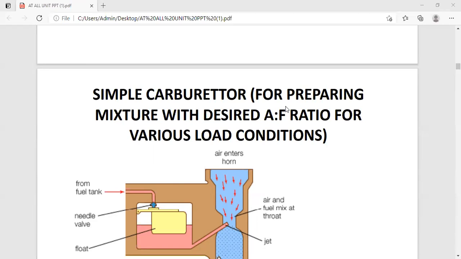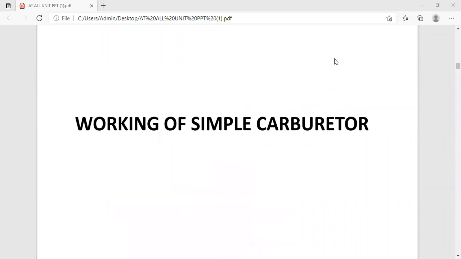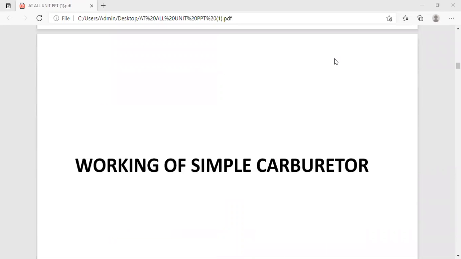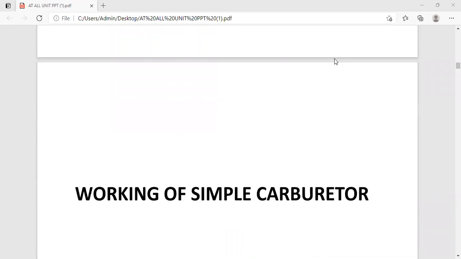In the SI engine, usually we use volatile fuels such as petrol, alcohol, and benzol, etc. In this case, the mixture of fuel and air is prepared outside the engine cylinder.